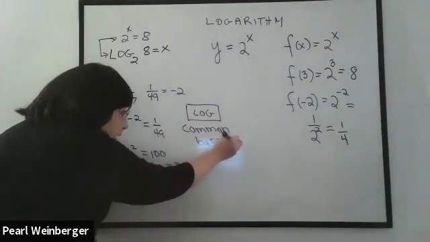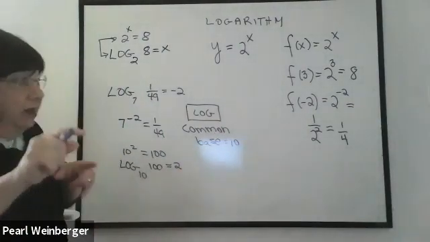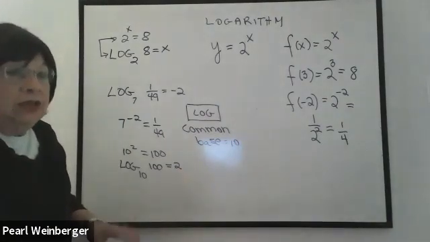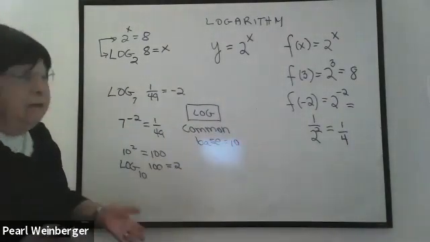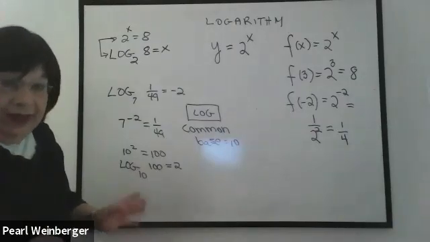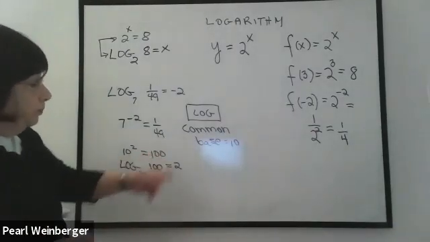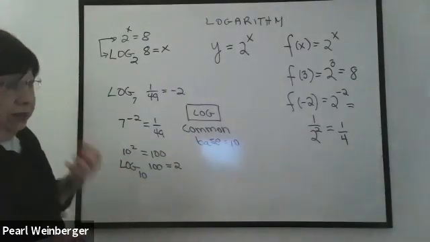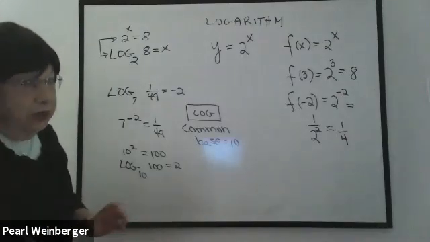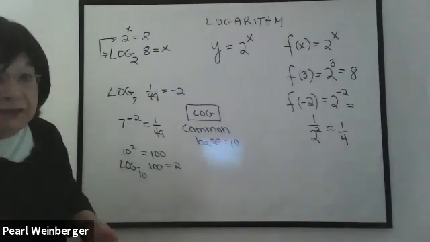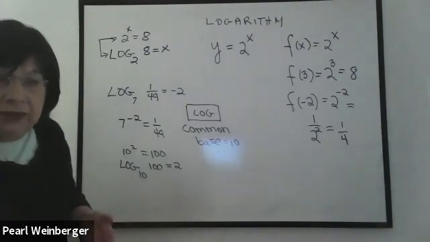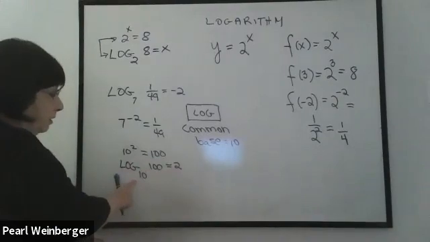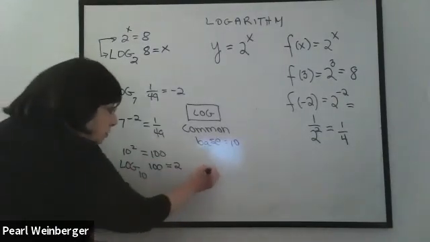That button on your calculator will be great if you have a question that has to do with base 10. If it's not a base 10 question, it's not as helpful. Base 10 logs are called common logs because our whole number system is based on 10. Sometimes this is written just log.